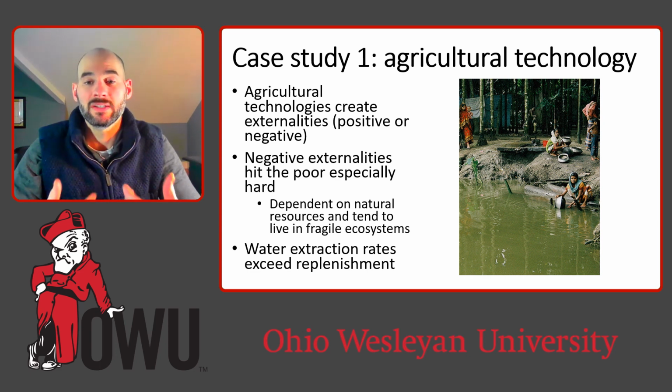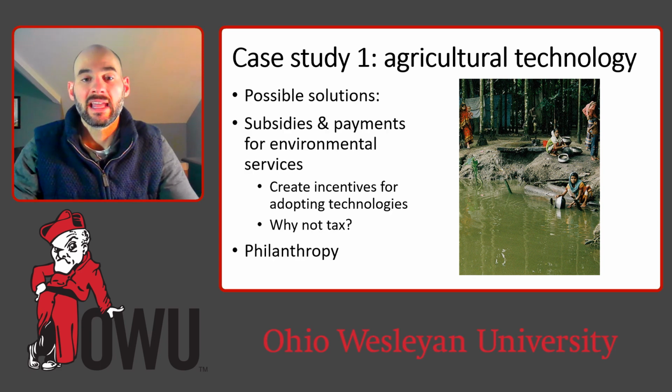And so when they do that, that is in line with their own private costs, but not taking into account the social costs, the impact that would have on the surrounding communities.